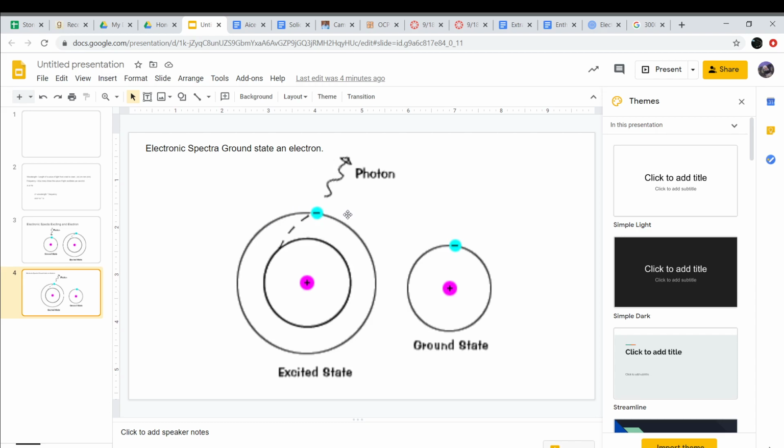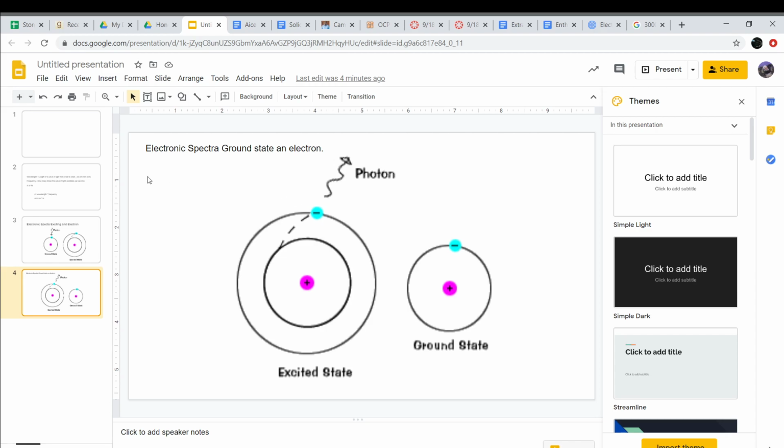When it falls down to that lower level, it's going to release a packet of energy, and that packet of energy is going to be a photon. It could either be the same type of photon, or it could be a different type of photon. And that's what's going on with electronic spectra.